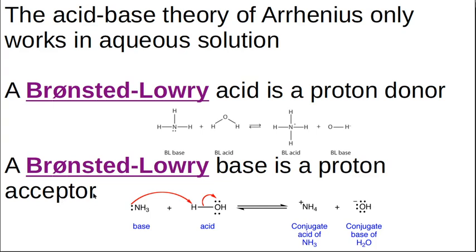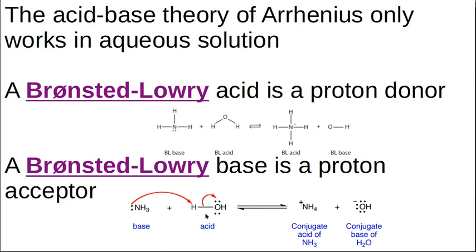So if you have a look here, ammonia, NH3, is a Bronsted-Lowry base, and water can be a Bronsted-Lowry acid. And here is this ammonia, okay, and it has accepted a proton from the water, so it is a Bronsted-Lowry base. It has accepted a proton to form the ammonium ion, and the water is the Bronsted-Lowry acid because it donated the proton to the ammonia.